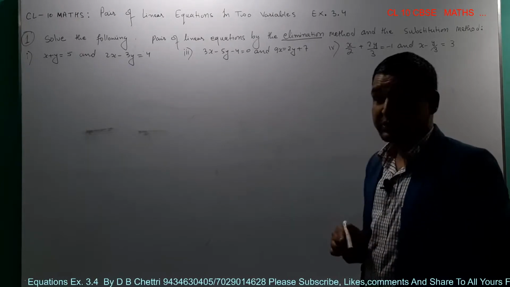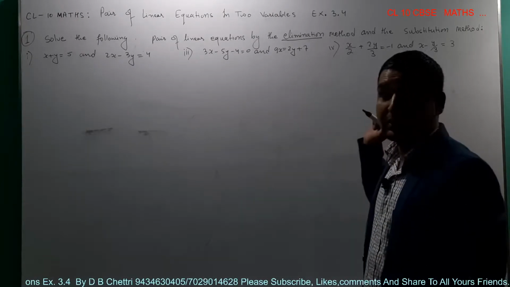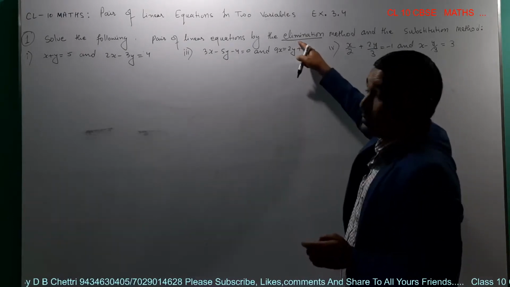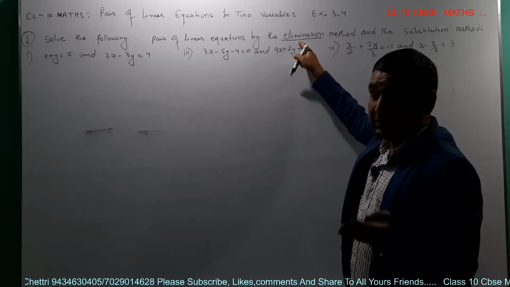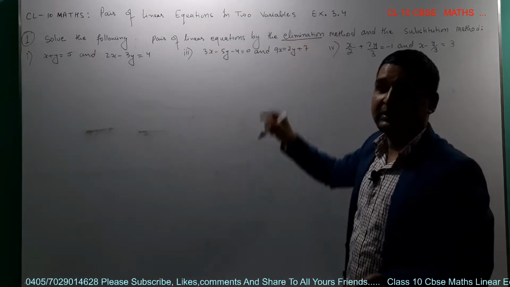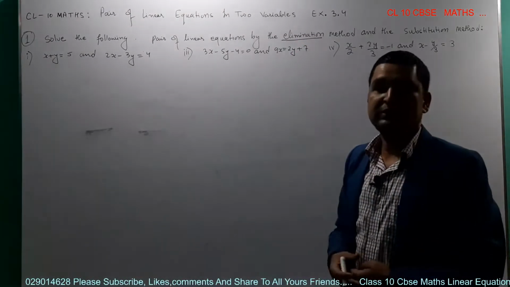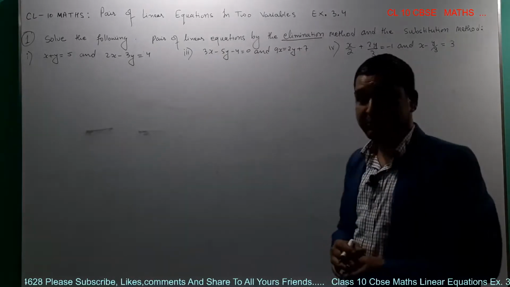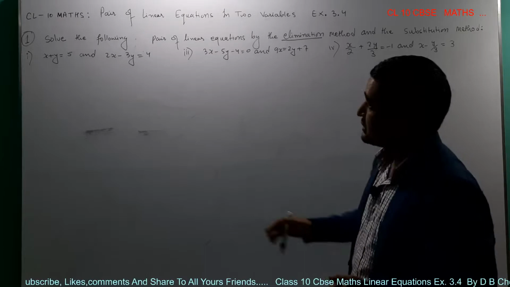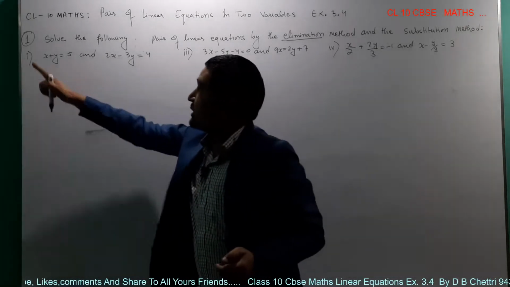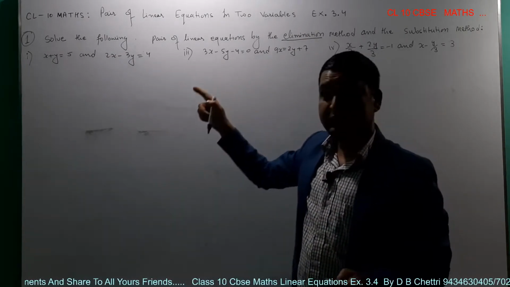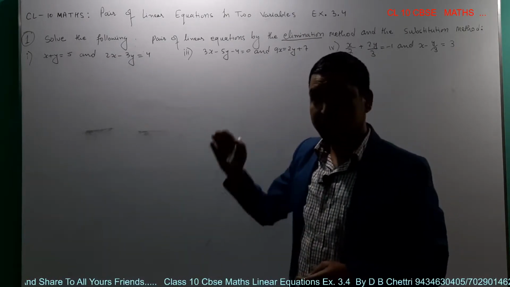That's why I'm requesting you all, please go through the previous video. Today we are going to learn elimination. I already said elimination means removing one of the variables, and this method is more convenient and easier than the substitution method. I'll explain by solving sub-questions 1, 3 and 4. The other questions are practice for you after going through this video.